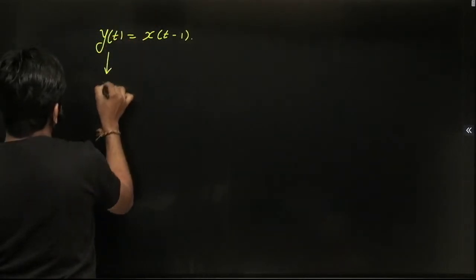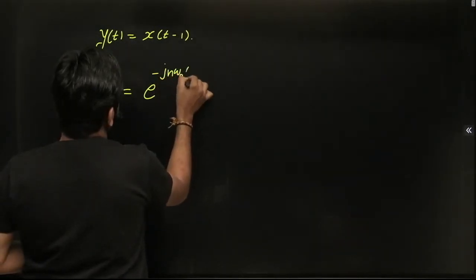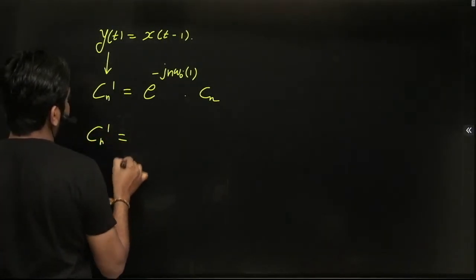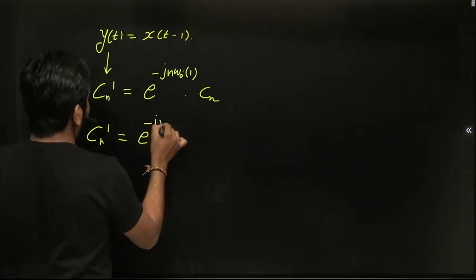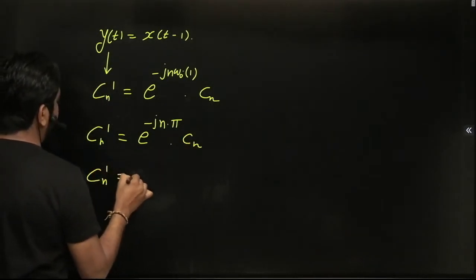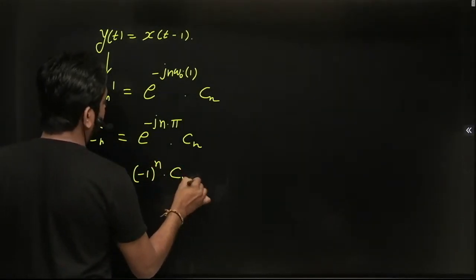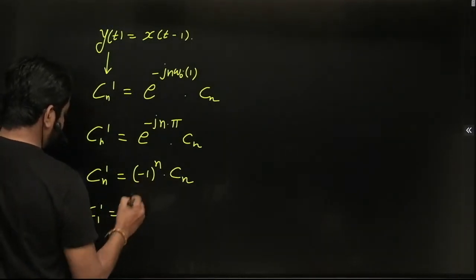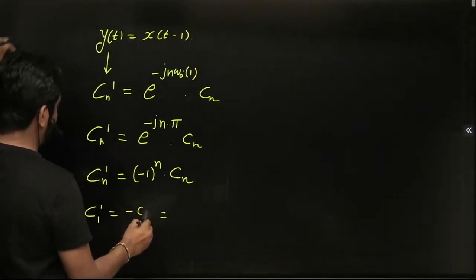The Fourier series coefficient Cn dash is e power minus j n omega 0 t naught, where t naught is 1, into Cn. So Cn dash is e to the power minus j n pi into Cn, which is minus 1 power n into Cn. So C1 dash is equal to minus C1.